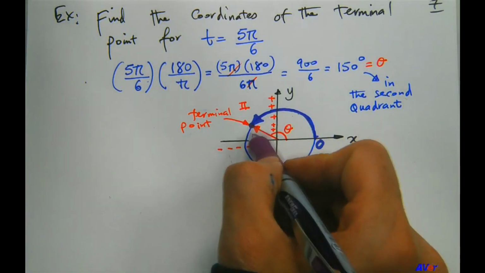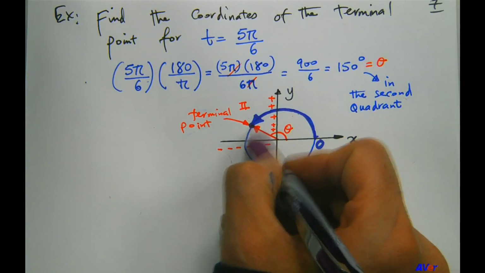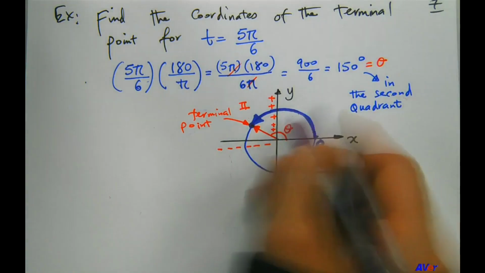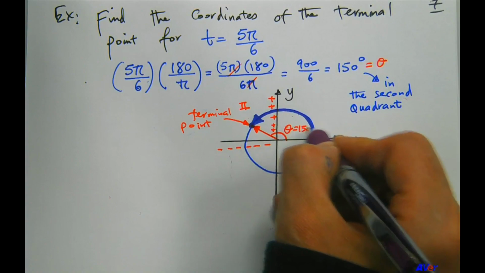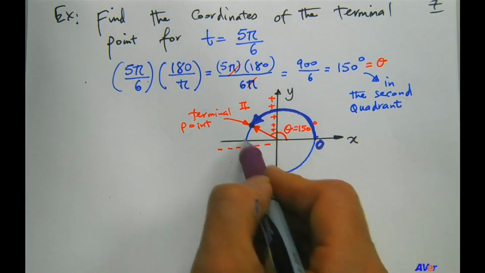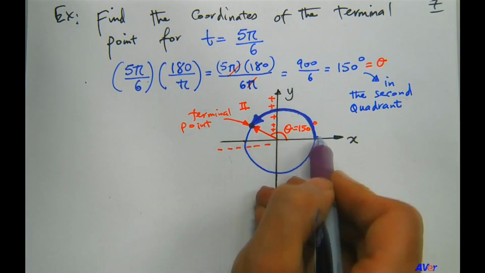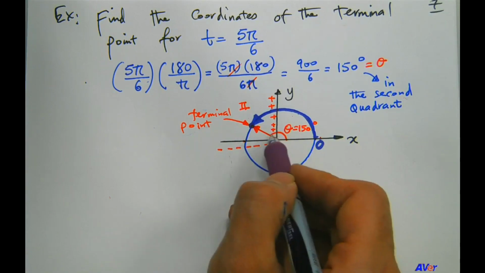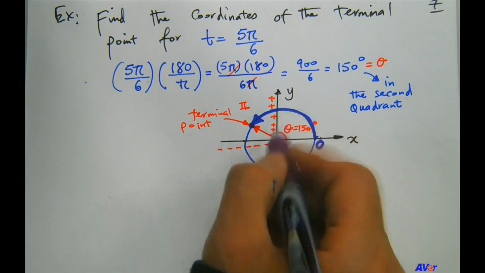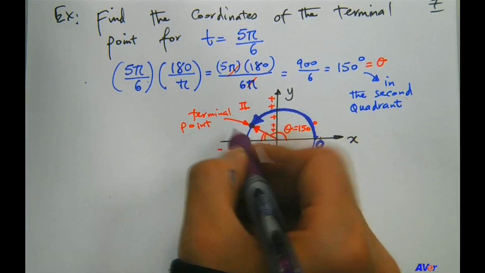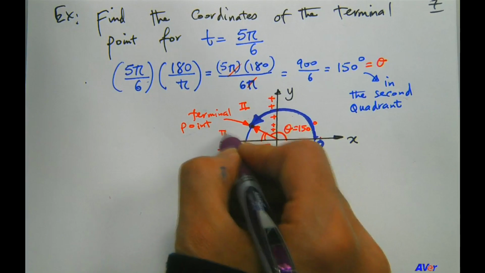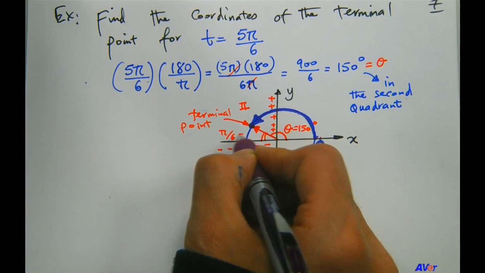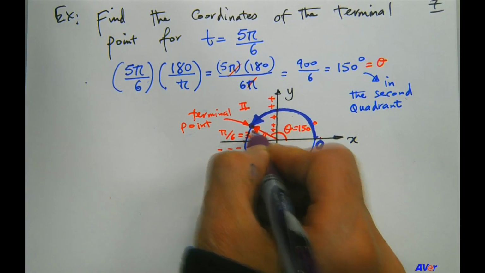The shortest distance to this terminal point is from here to here. So if this is 150 degrees, and we know from here to here is 180 degrees, and from here to here is 150, so how much is that? That is 30 degrees, right? So the reference angle is pi over 6 or 30 degrees.